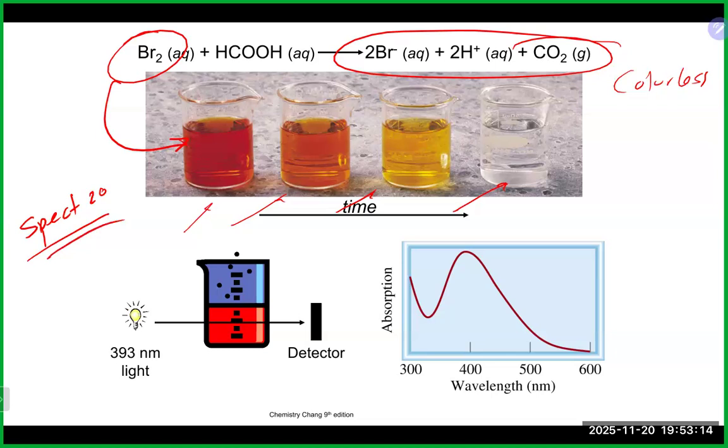We could use our Spec 20 and do some spectrophotometry, where we have a detector and a light source that shoots waves at a specific wavelength, and we can measure absorbance. As you know, when you did that experiment, one of the things you tried to figure out was the good wavelength to set your spectrophotometer to, and you want to set it to the maximum absorbance.